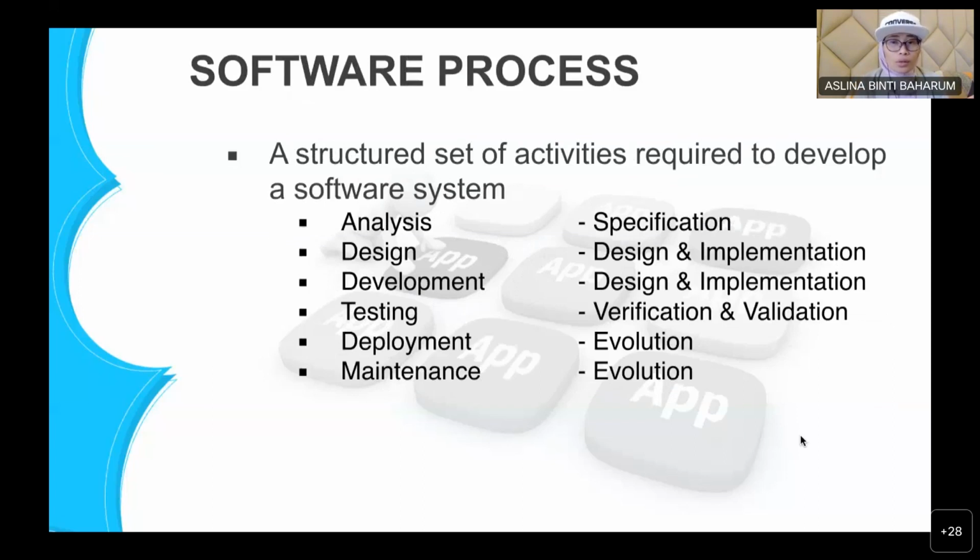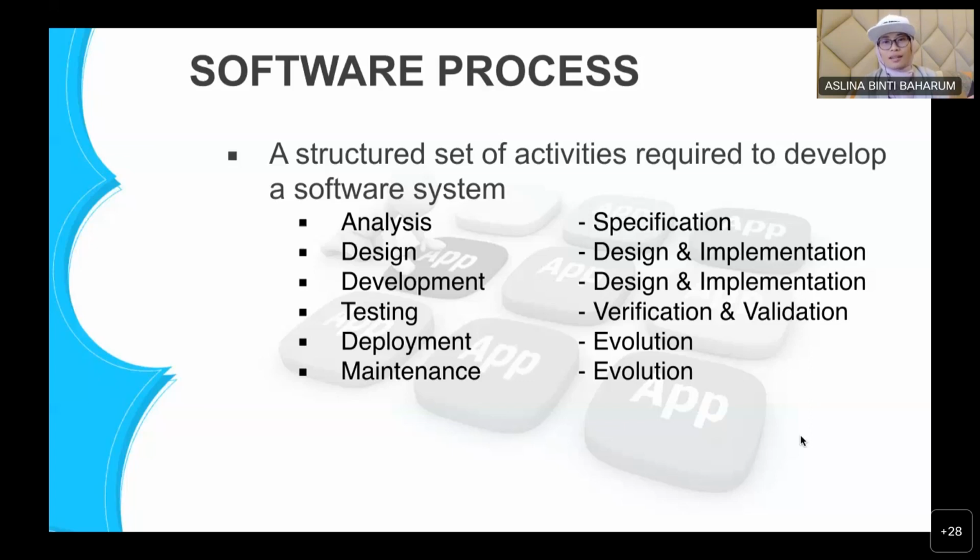What is software process? Again, it is a structured set of activities required to develop a software system. Activities, so it involves more than one activity, right? That's why it is a structured set, because it has a strategy and a plan.